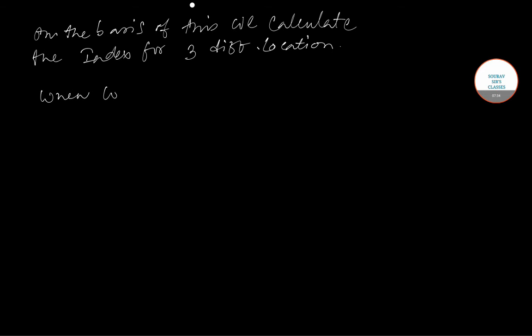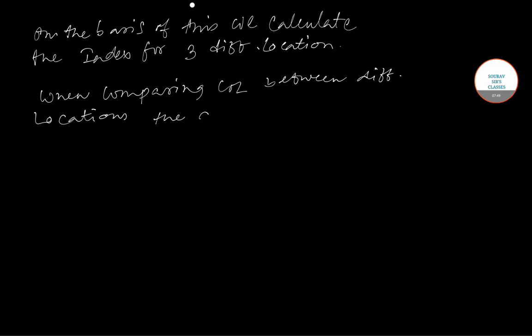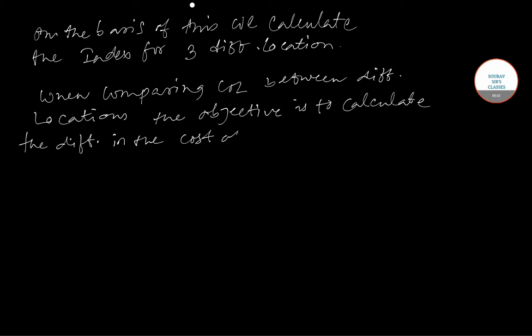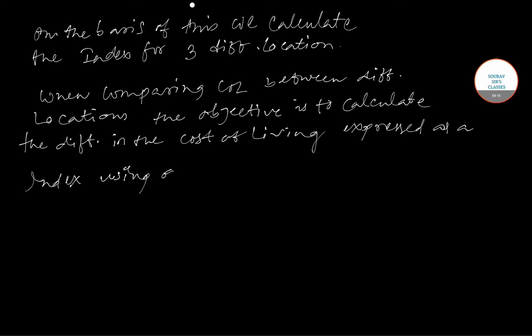When comparing the cost of living between different locations, the objective is to calculate the differences in the cost of living, expressed as an index using one of the locations as base.